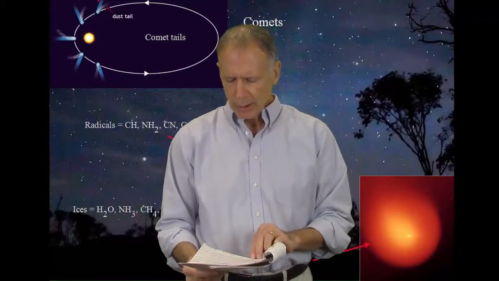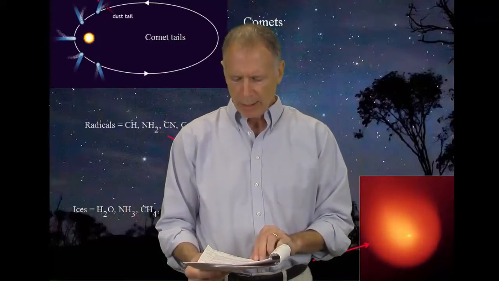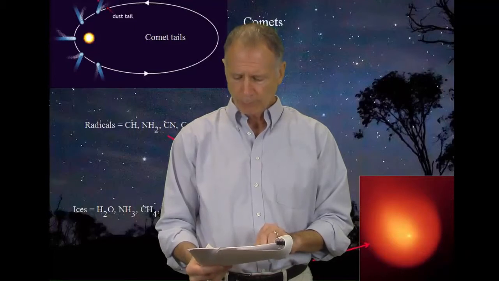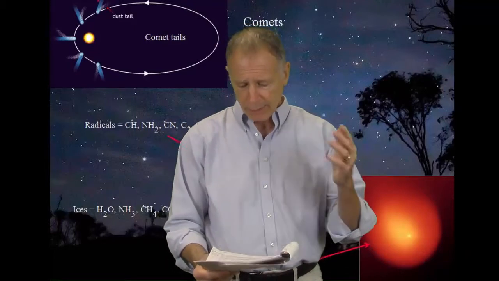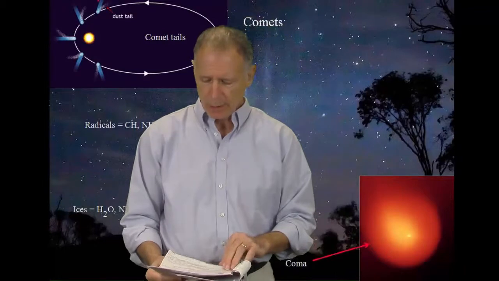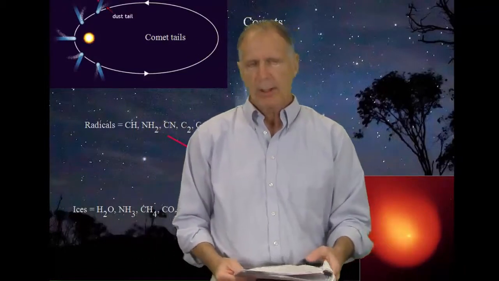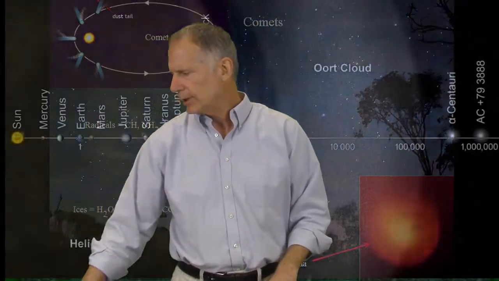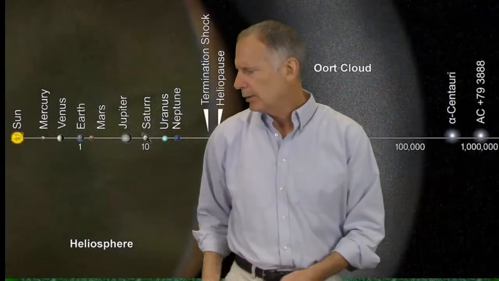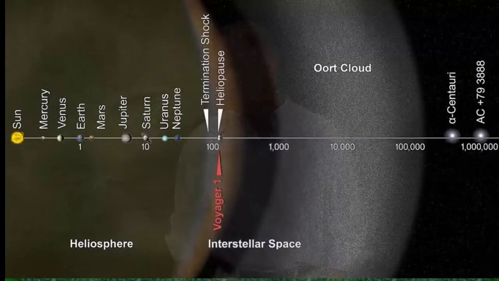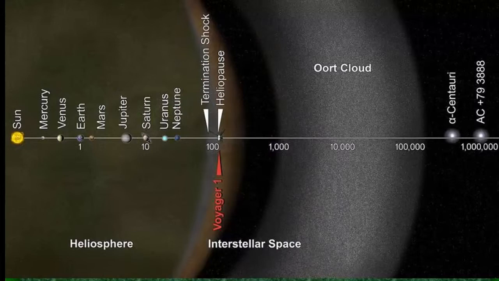So some really superb work done by Fred Whipple. And in the 1950s, as we'll talk about in a minute, we also had some important work done by Jan Oort. Let's take a look at this diagram to give you some idea of where we find the Oort Cloud, which is believed to be the source of the comets.